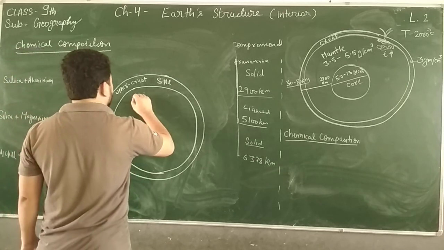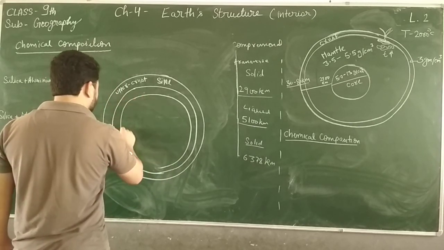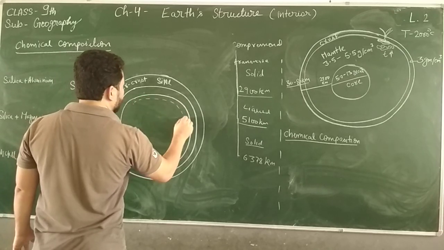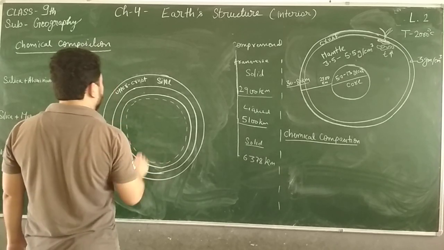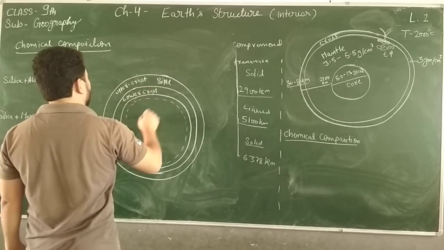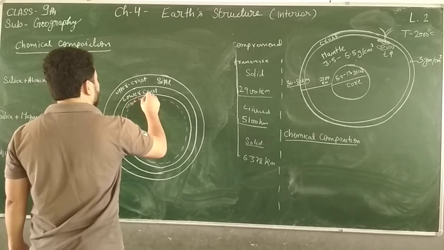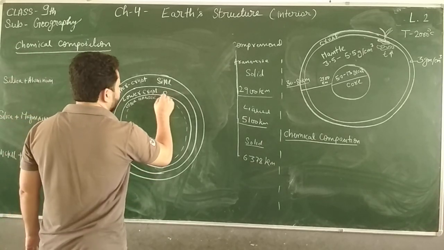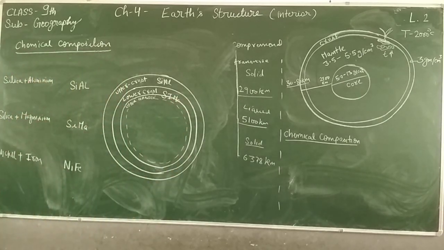And then the lower part of the crust and the upper part of the mantle, this is the lower part of crust and upper mantle, is composed of sima, silica and magnesium.